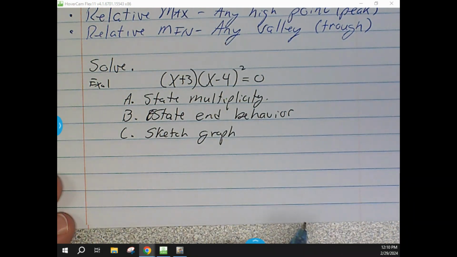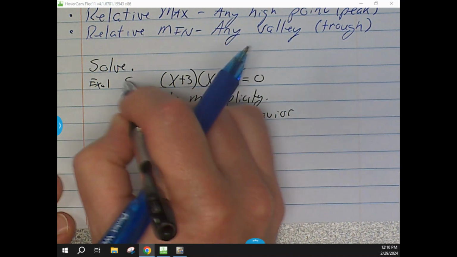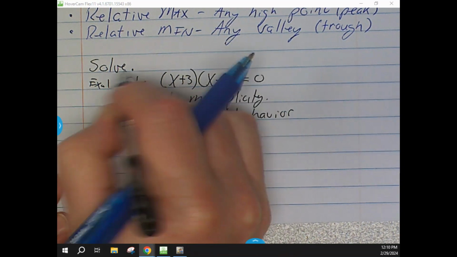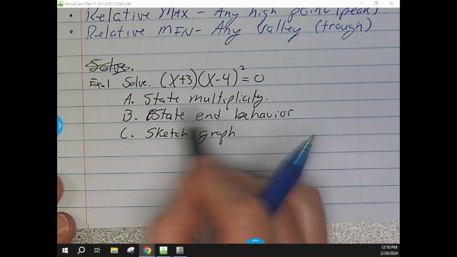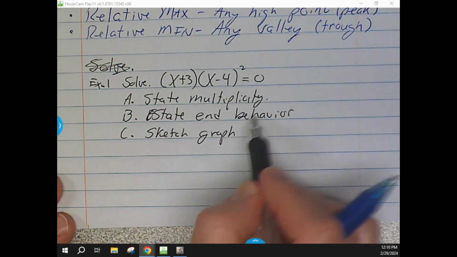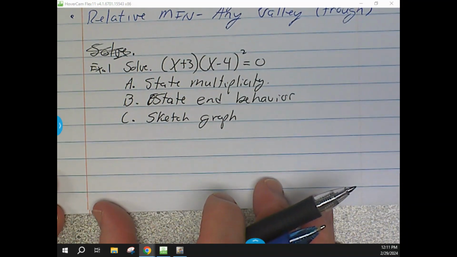Really, technically there's 4 things on this one. For this example, we're going to solve x plus 3 times x minus 4 squared. We're going to state the multiplicity. We're going to state the end behavior, and then we're going to do a quick sketch so we can see what's happening with it.